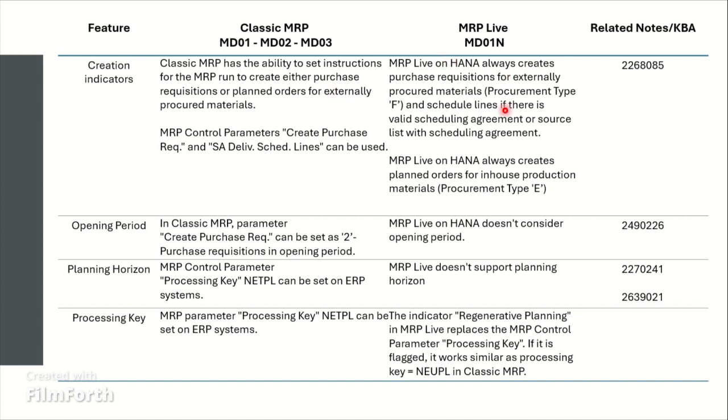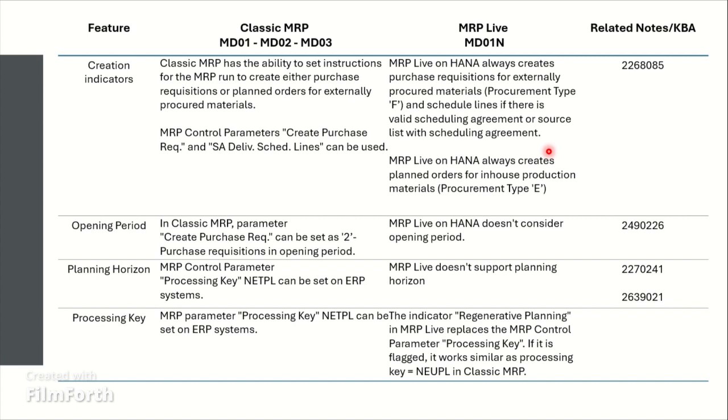So when we come to this MRP Live, it always creates purchase requisitions for externally procured items, and it basically sources the procurement type from the corresponding material master. And if the procurement type is F, or procured externally, then it will always create a purchase requisition, right? And if there is any valid schedule agreement created for that material, or maybe a source list has been created, then it is going to create schedule lines accordingly, right?